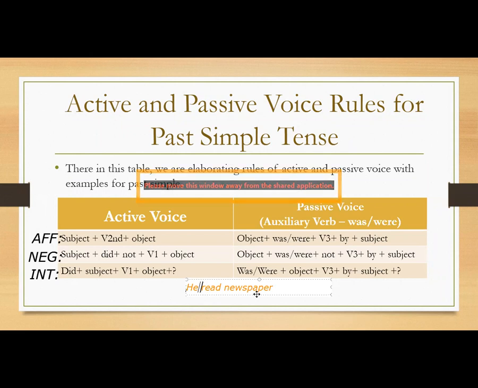I have done this, he. I have changed this I into he because with I you will be confused whether this word is read or read. With he we always use reads. But it is the past, that's why it will be: he read newspaper.